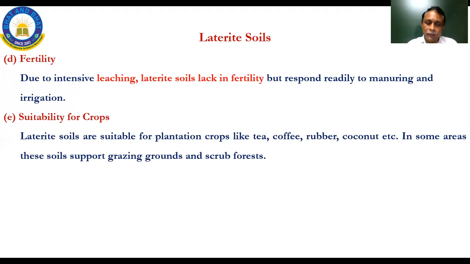All these coastal areas, that is where all these plantations are. Because one is the terrace farming kind of thing. They will break up the slope into horizontal areas, and these crops are planted. In some areas, these soils support grazing grounds and scrub forests.